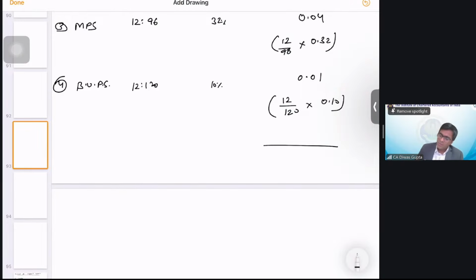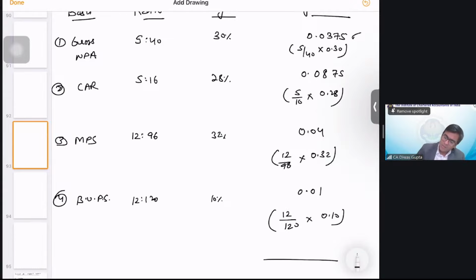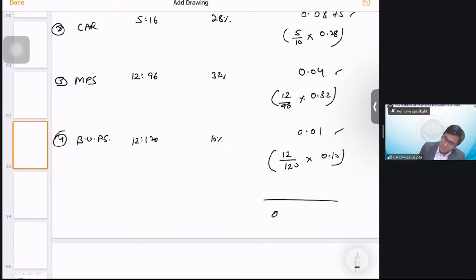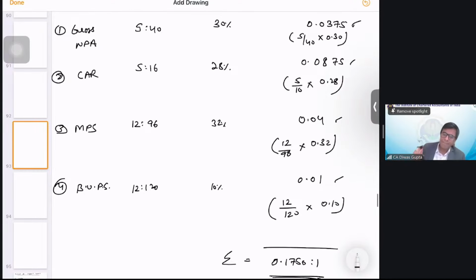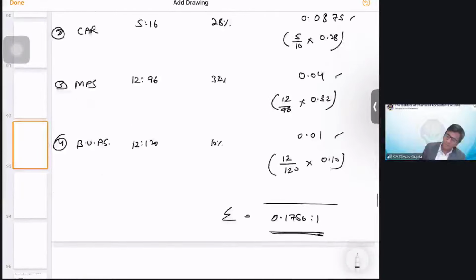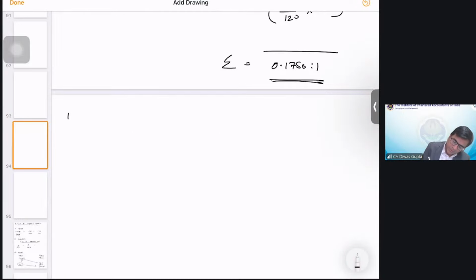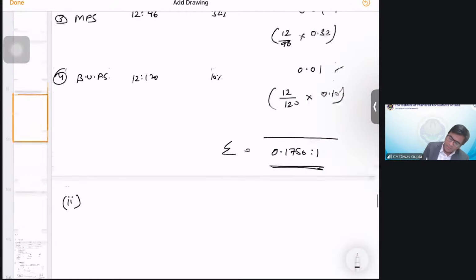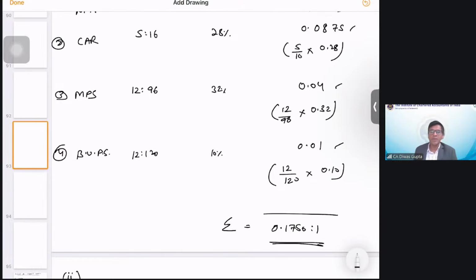Right. So if we add all of them, which is 0.0375, 0.0875, 0.04, 0.01, we will arrive at 0.1750 is to 1. This is the summation. Clear? So the swap ratio is 0.1750 for one share of weak bank.